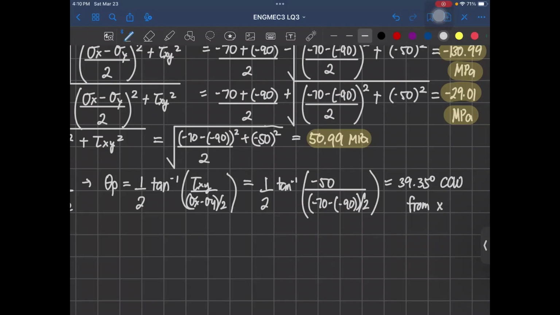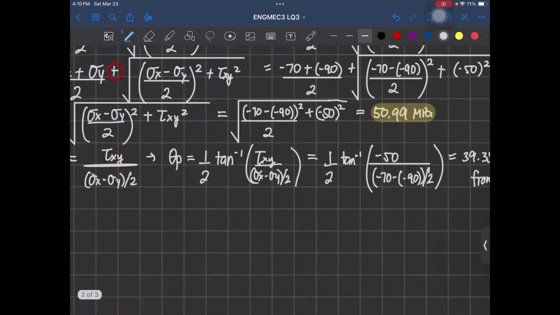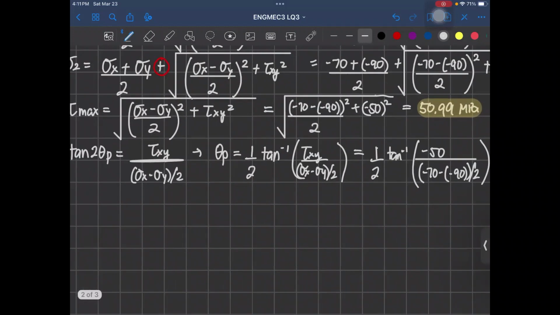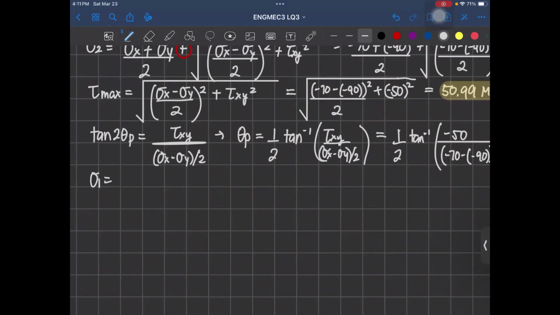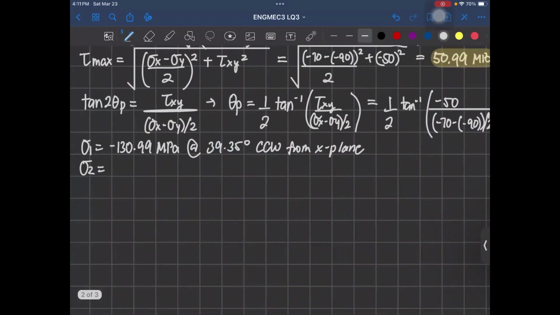So this means that if we want to represent the final answers, the principal stress one, or the smaller one, is negative 130.99 megapascals at 39.35 degrees counterclockwise from the x plane, whereas sigma 2 is equal to negative 29.01 megapascals at 39.35 degrees counterclockwise from our y plane.